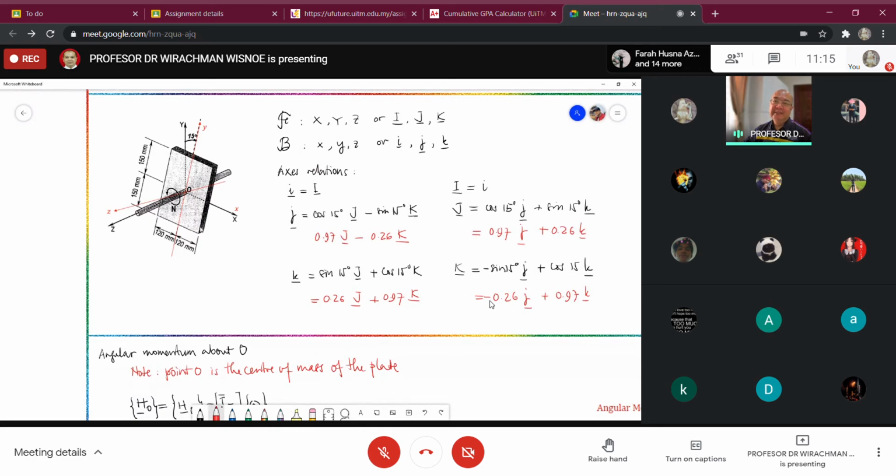Okay, for the x you square 300 millimeters, and if you want to calculate the moment of inertia with respect to the y-axis, you square 240 millimeters. Okay, and then for Izz, you square this one plus this one square.